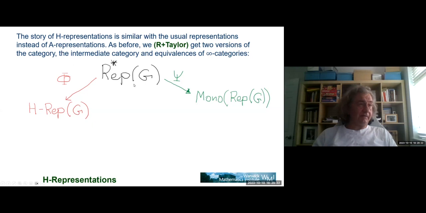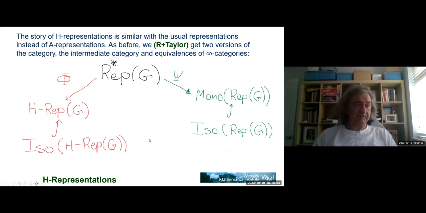So again, here we put the unitary trick, using a category of representations of G with fixed Hermitian positive definite forms. Then it has forgetful functors to monomorphisms in representations and to H representations, defined in a similar way.